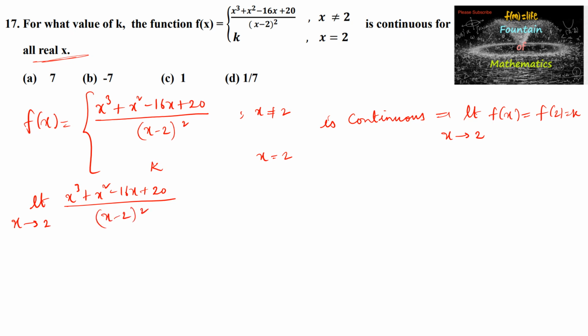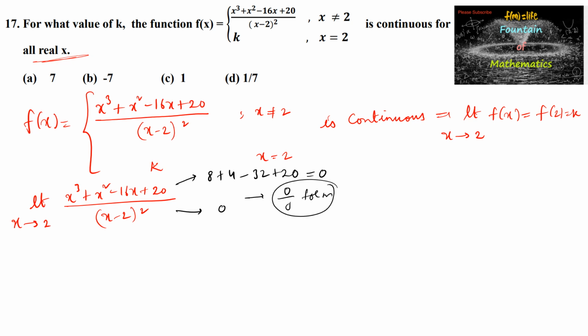By substituting x equal to 2, we have 2 cube is 8 plus 2 square is 4 minus 16 twos are 32 and again 20. So 8 plus 4 is 12, 12 plus 20 is 32, minus 32 is 0, and the denominator is also 0. So this is 0 by 0 form.